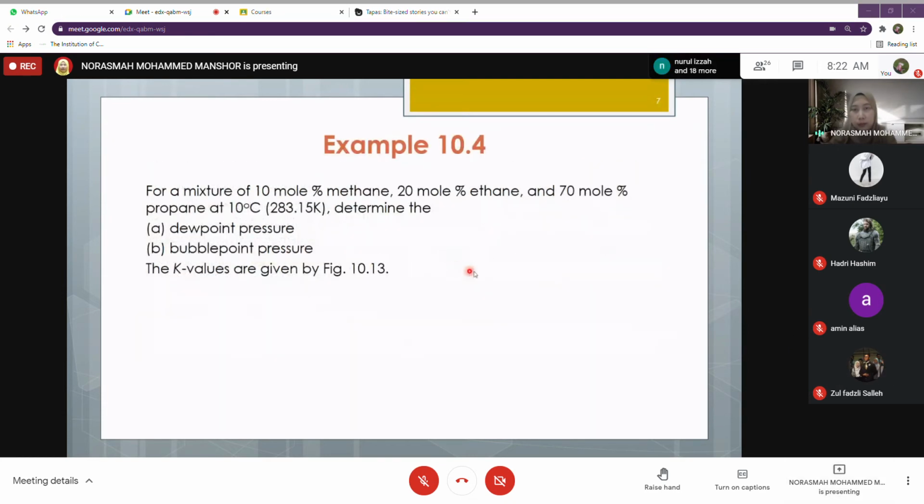Look at example 10.4. For a mixture of 10 mole percent methane, 20 mole percent ethane, and 70 mole percent propane at 10 degrees Celsius, determine the dew point pressure and bubble point pressure. The K values are given by figure 10.13.